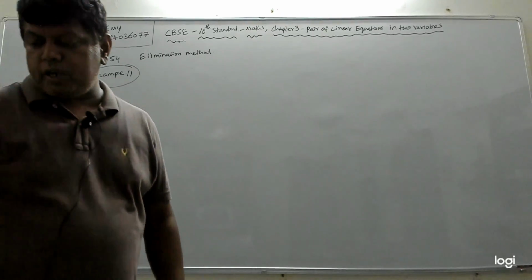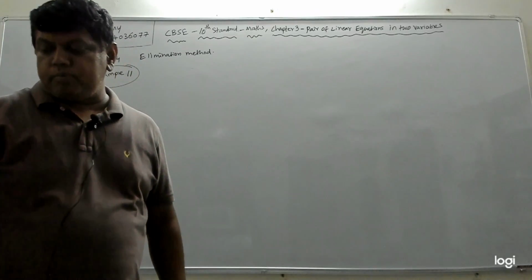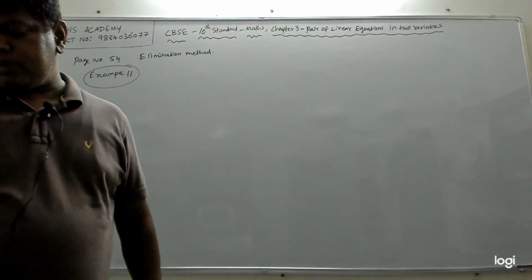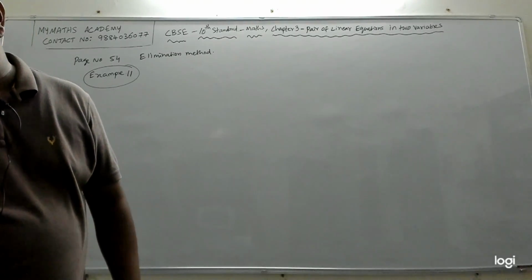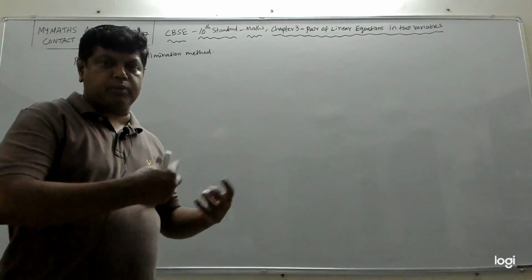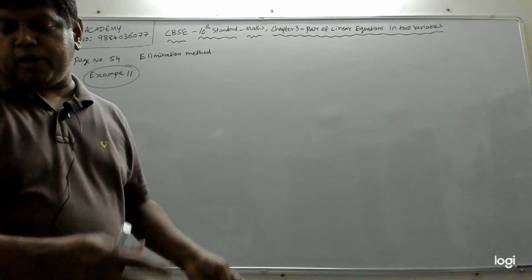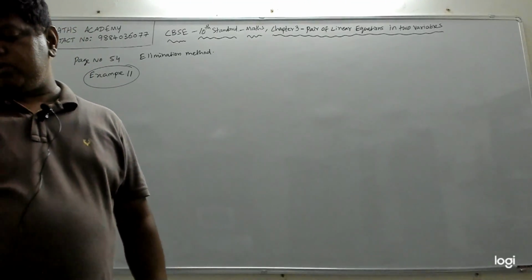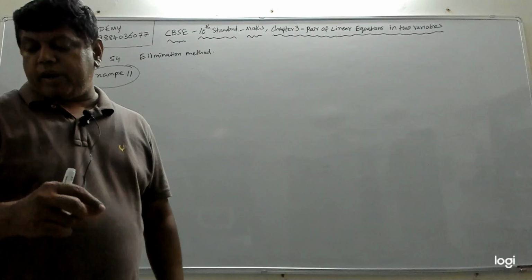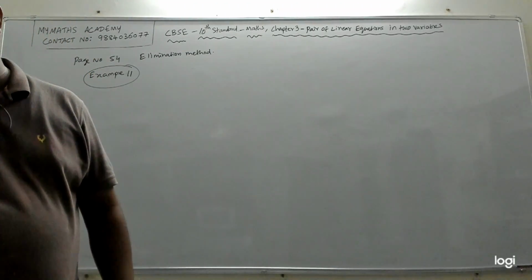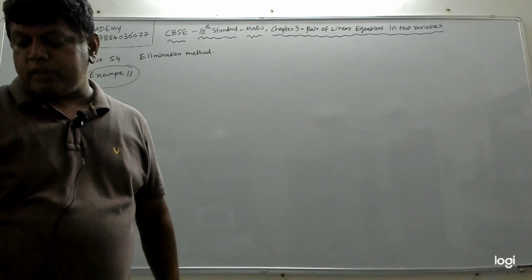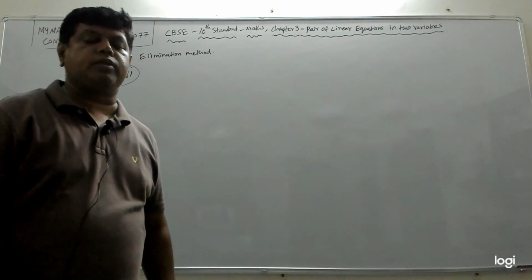It says the ratio of incomes of two persons is 9:7 and the ratio of their expenditure, means the expense, something that they spend, is 4:3. If each of them manages to save 2000 rupees per month, find their monthly incomes.